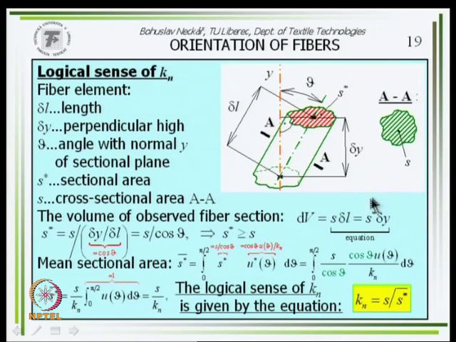From this equivalency, we obtain that S star, this area, is S by cosine theta. Evidently, the sectional area is larger than the cross-sectional area in this case.